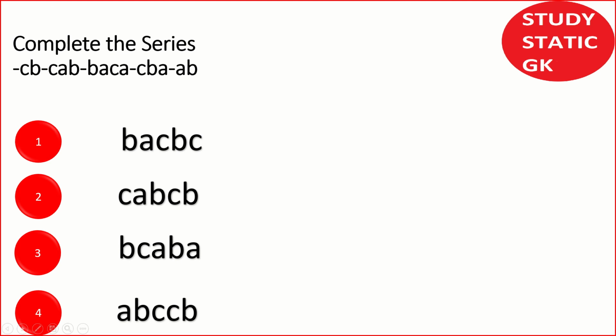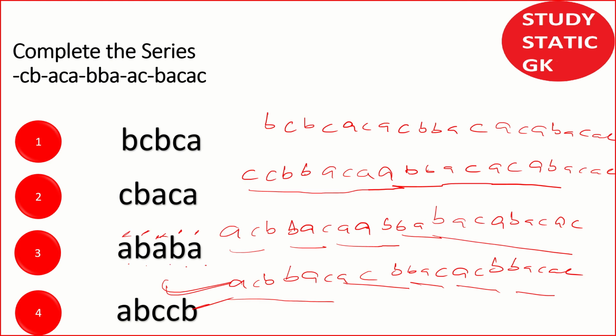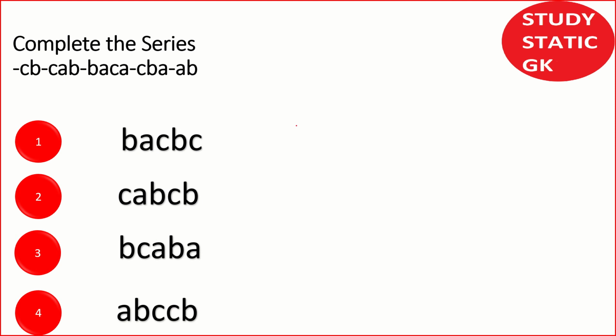Next question. But here it is the most time consuming one. I'll write on the next one. Otherwise we won't get it. So you have to practice very fast. BCB, ACAB, C, BACA, BCBA, CAB.